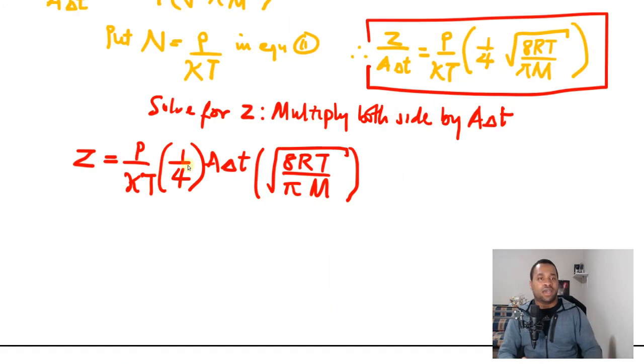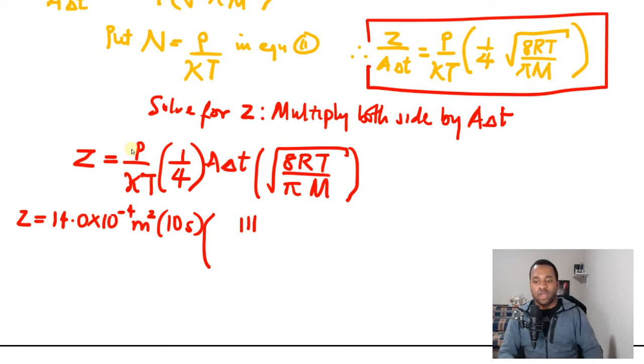So for our Z, let's put our area at the front. Our area is 14.0 times 10 to the -4, and take note that the unit is meters squared. This is multiplied by 10 seconds, which is our time, and then our pressure, which is 111.